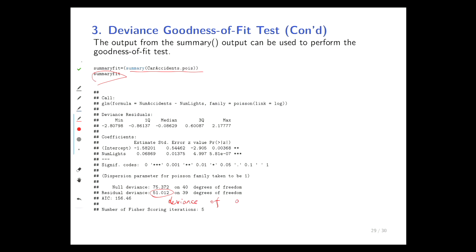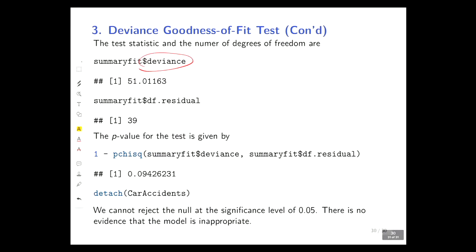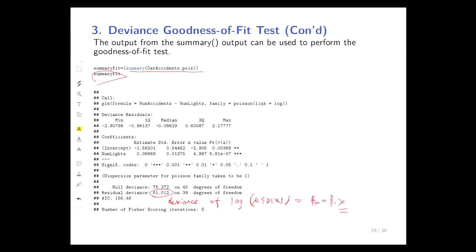Here our model is log mu z given x equals beta 0 plus beta 1 x, and x is the number of traffic lights.